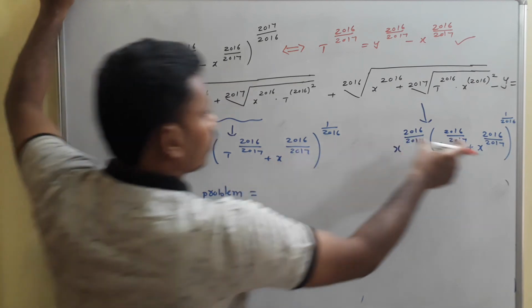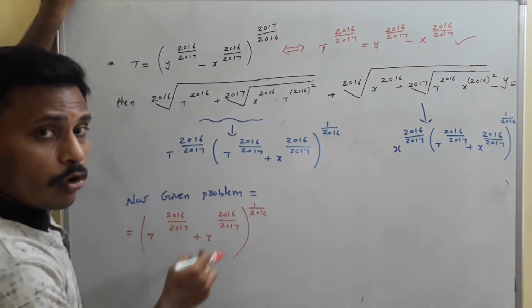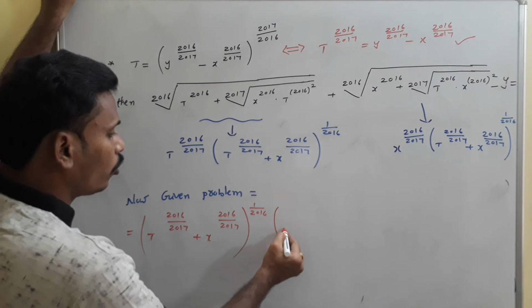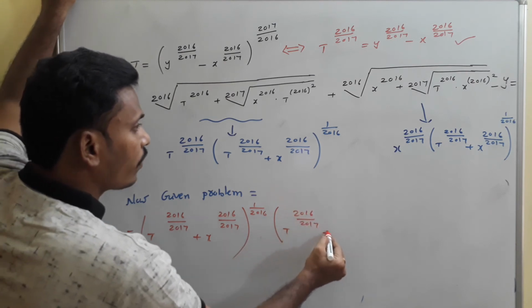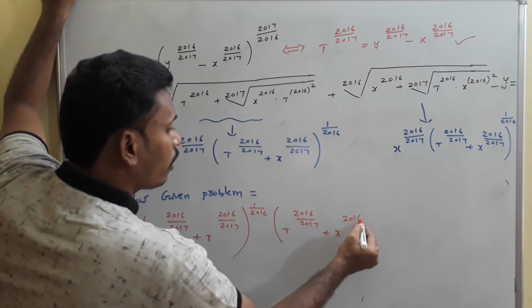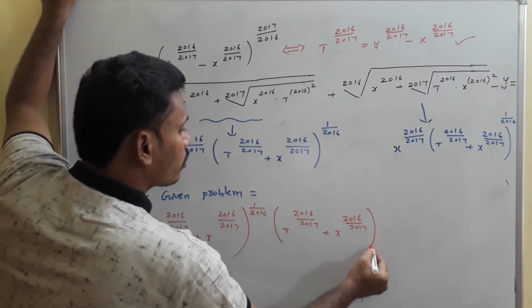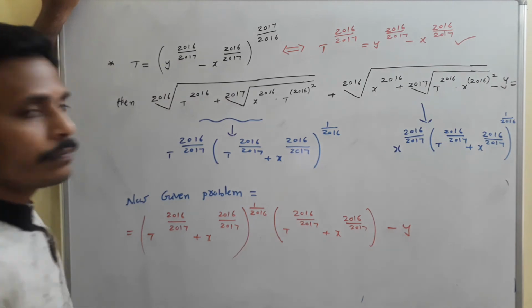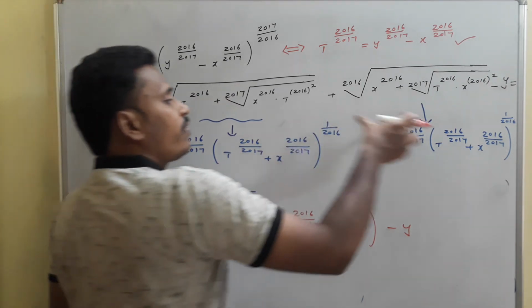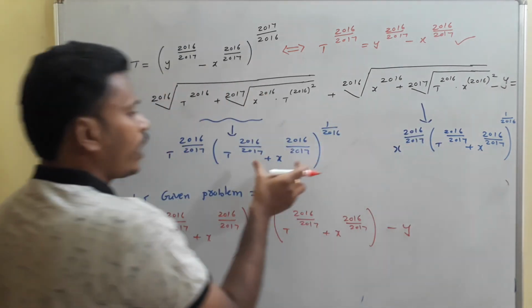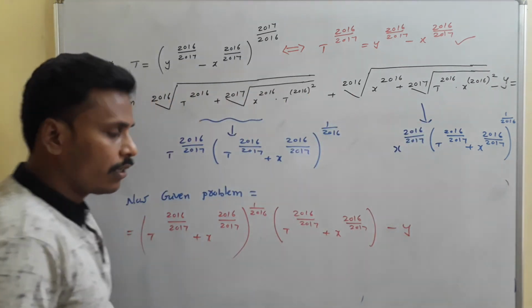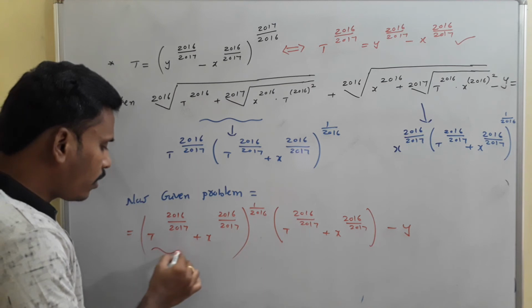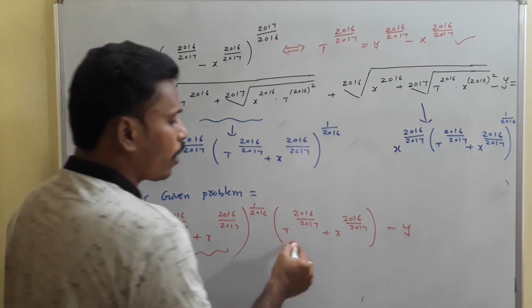This is a common thing. Okay, so write separately as a common quantity into t power 2016 by 2017 plus x power 2016 by 2017 minus y. We need to add these two. So pick this one as a common quantity. You are left with the t power and x power. I am writing here. See, now again if you look, this inner bracket expression and this one both are same.